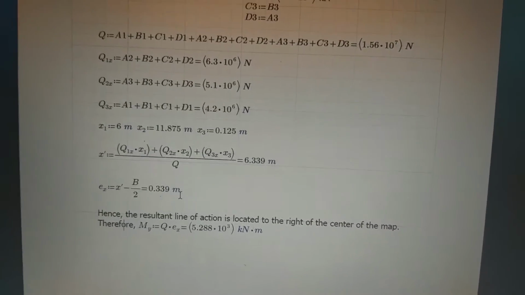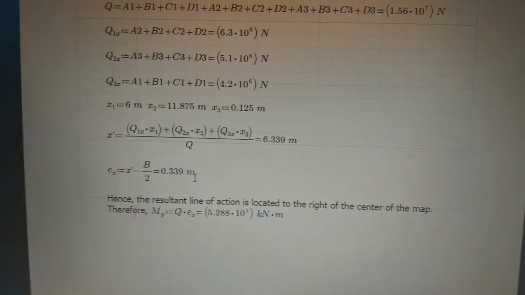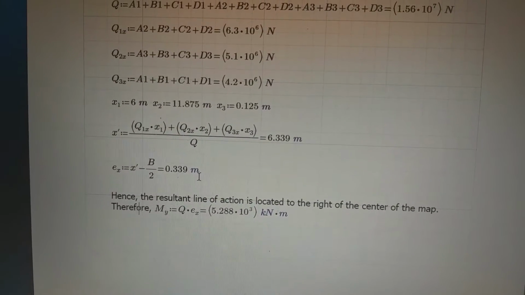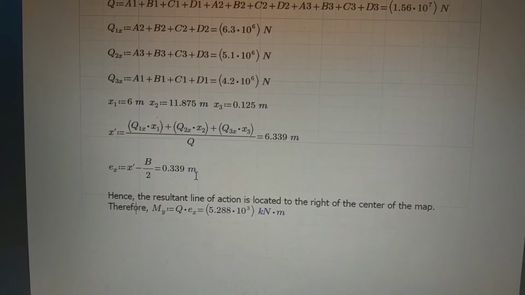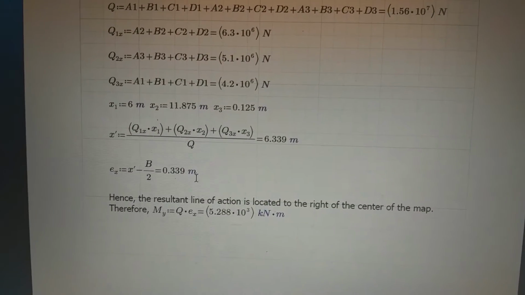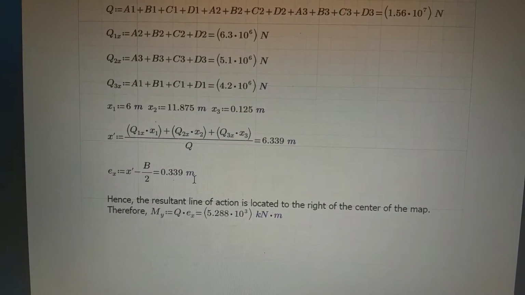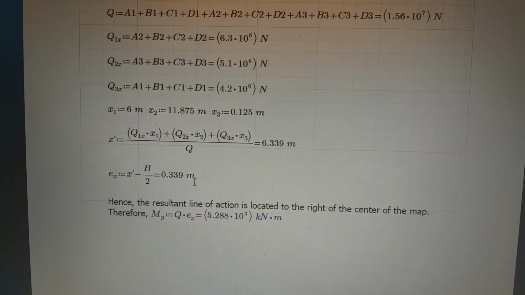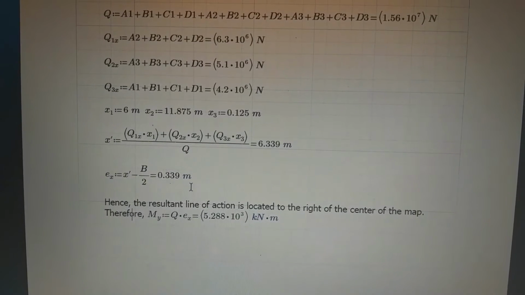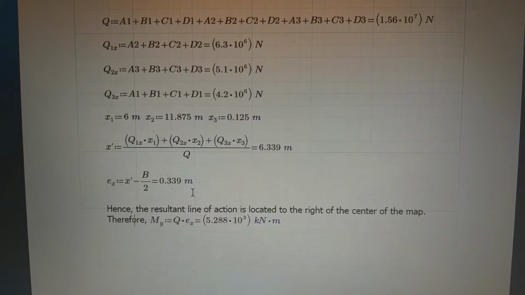And then we obtain ex, which is x prime minus b over 2, where b is the base. Therefore, we obtain My, which is Q, the total load, times ex that we just calculated. From there we see whether it is positive or negative, and due to the positive sign, it is to the right of the center of the map.